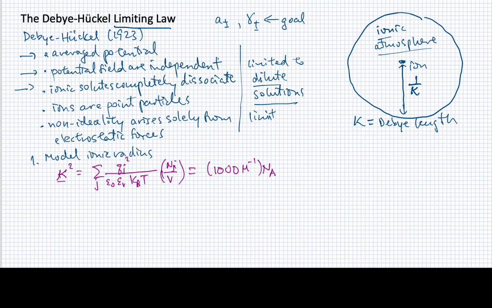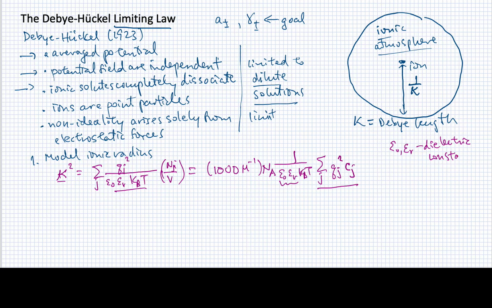And then I'm going to include all of these constants down here, ε0, εr, kBT, and then we'll have a sum, and this sum will now be of the charge squared times the concentration of the ions in the solution. So we have all of the stuff that is summing over the ions that are produced when a solute particle dissolves. Okay, I want to specify once again, ε0 and εr are dielectric constants.